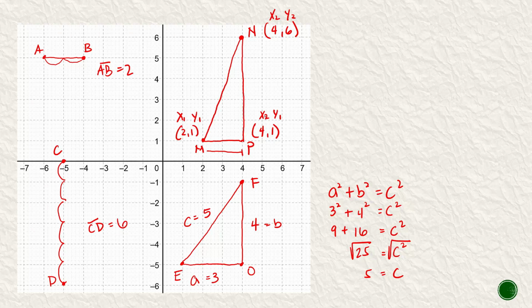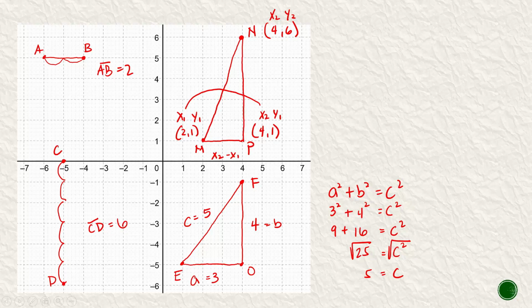If we want to know the distance of MP, we all know that that's 2, right? That's the same as subtracting this. So if we want to know the distance of this base, that's just x sub 2 minus x sub 1.